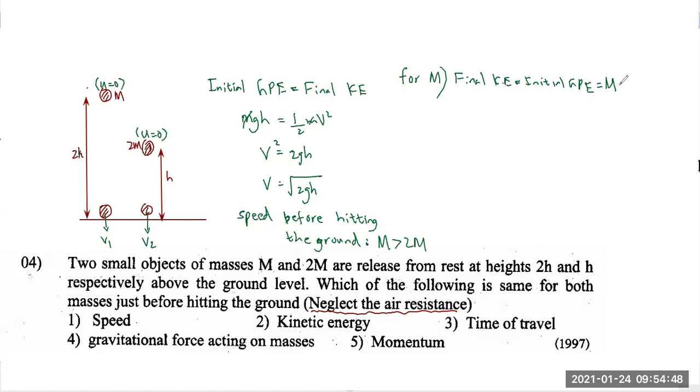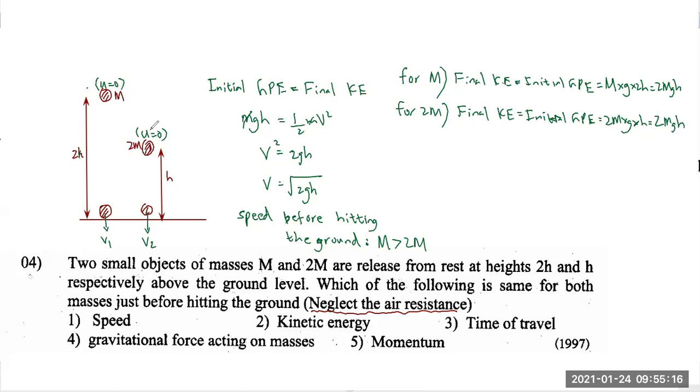That is capital M into g into 2h, that is actually 2mgh. Similarly, for 2m, you can apply the same equation: final kinetic energy is equal to initial gravitational potential energy. And there you can see it is 2m into g into h. Therefore, the answer is once again 2mgh.